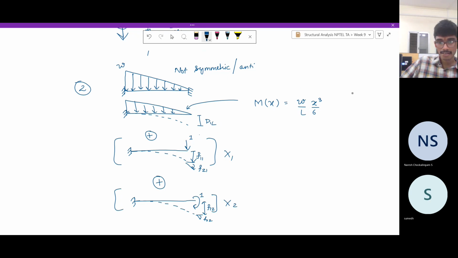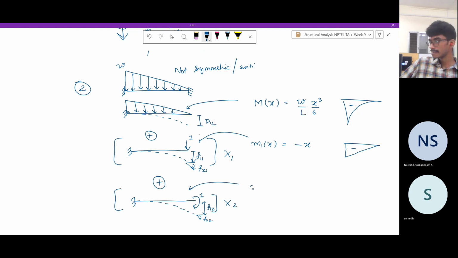So here the bending moment diagram is something like this, which is negative. And here, what is the bending moment diagram? It is linear, right? So small m1 of x is nothing but, it's a hogging moment, minus x. And here, the small m2 of x is given by minus 1.